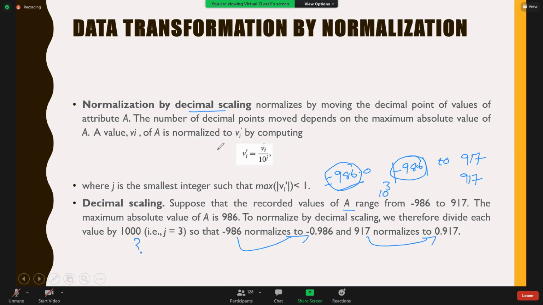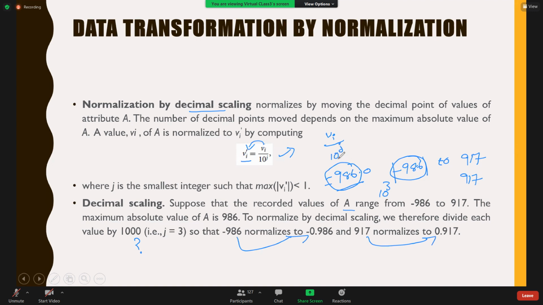Now coming to the formula. Vi is the original value, and Vi dash is the transformed, that is normalized, value. Vi is normalized to Vi dash by dividing the original input by 10 power j.